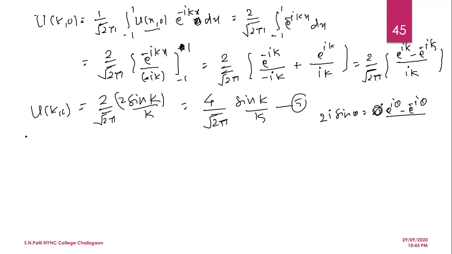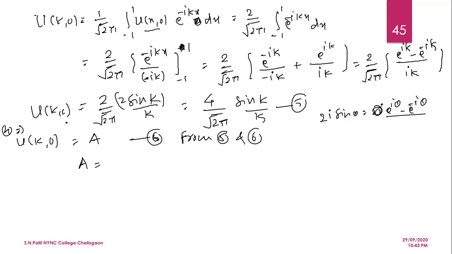Now the same value we substitute in 4: U of k comma 0 from equation 4 is equal to A, equation 6. Now from 5 and 6, the left hand side is the same, so the right hand side is the same: A is 4 upon under root 2 pi sine of k divided by k.